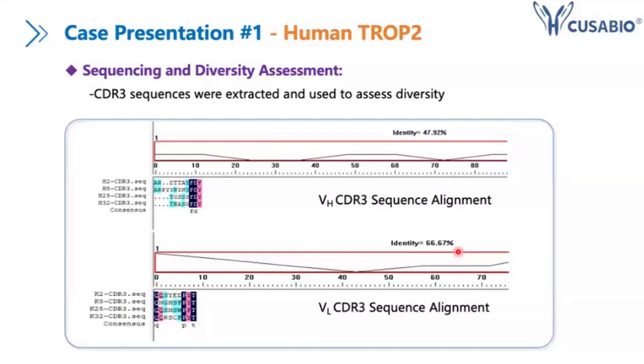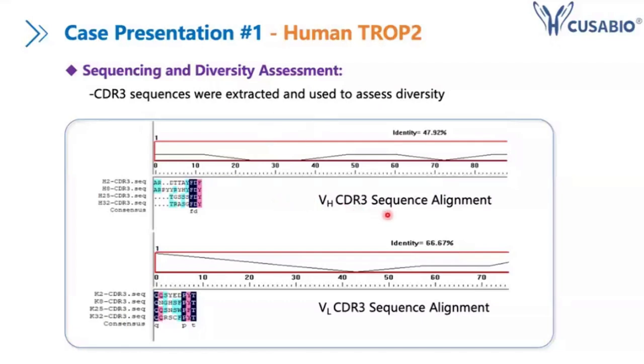We can use the CDR3 sequence to show the degree of variability and diversity. You can think of it as a marker to assess the diversity. So we did that: we extracted the CDR3 and assessed the diversity.